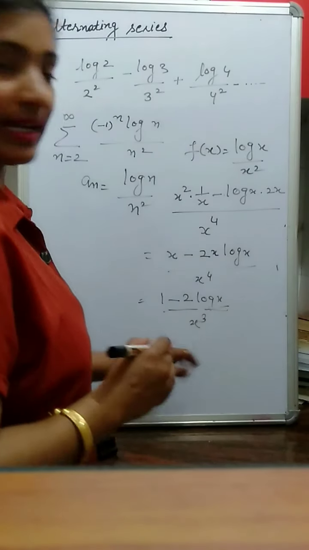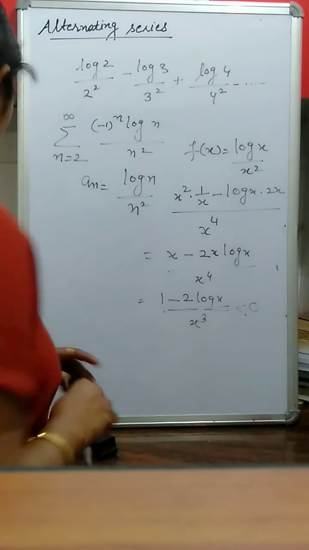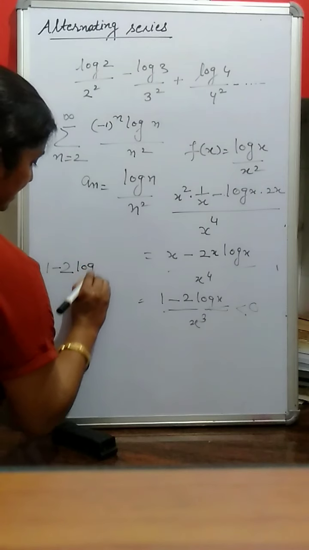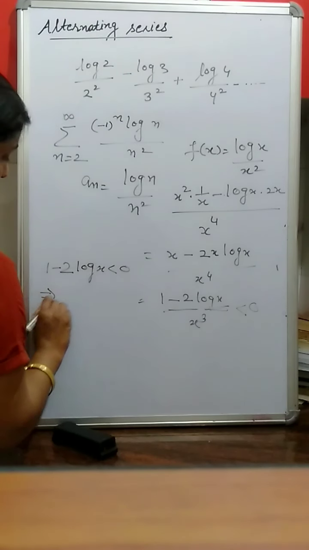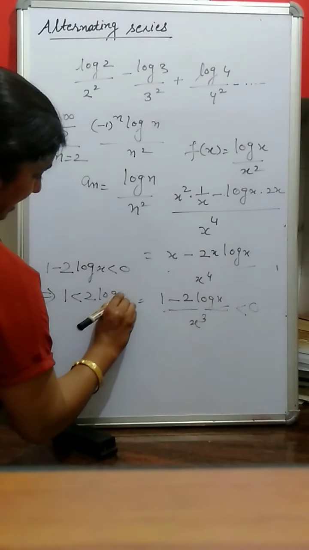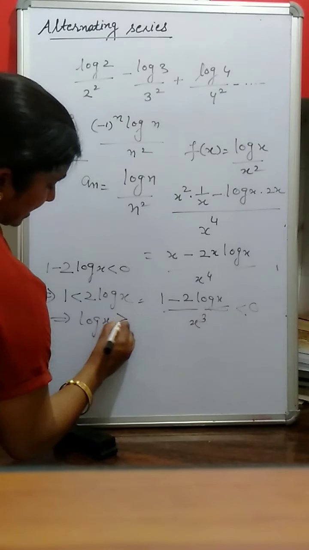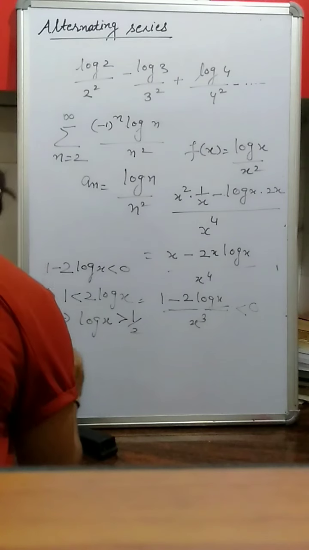For the function to be monotonically decreasing, this must be less than 0, and it means 1 minus 2 log x must be less than 0, so 1 is less than 2 log x. That means log x must be greater than 1 by 2. Log x must be greater than 1 by 2.